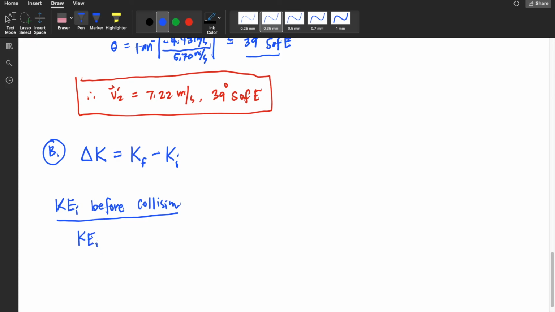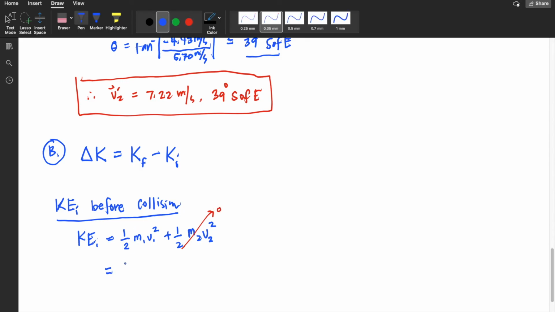The total kinetic energy before collision is simply equal to 1 half m1 v1 squared plus 1 half m2 v2 squared. So we already know that mass 2 before collision, Daniel, is at rest, so his kinetic energy is simply equal to 0.